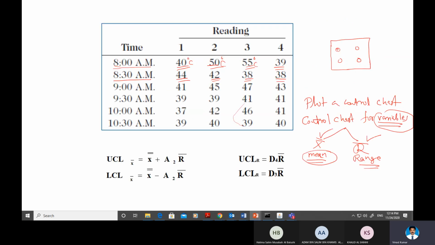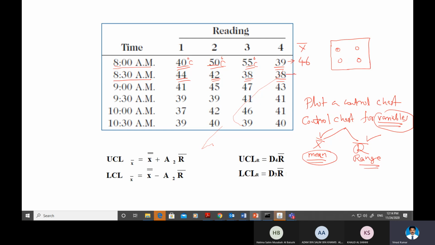So the first step, I find X bar here. How do I find X bar? Can you find X bar here? 40 plus 50 plus 55 plus 39 divided by 4. Can you find it? 46. So this value is 46.